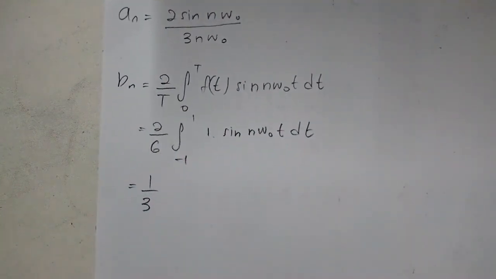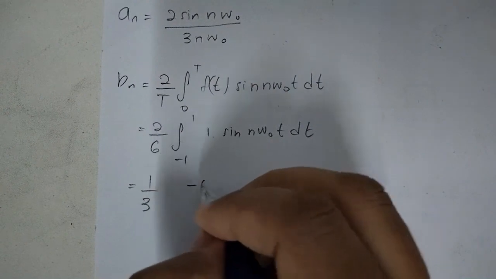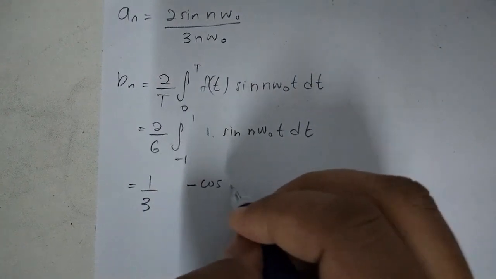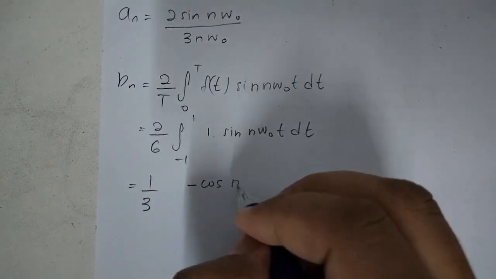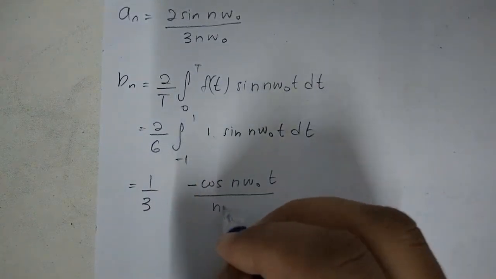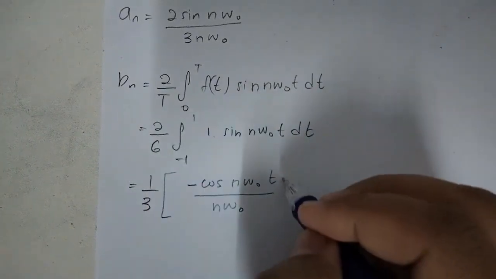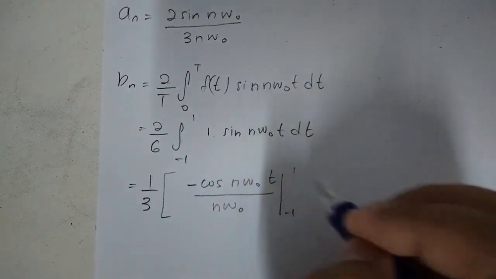Next we need to integrate sine. So we get negative cos(n omega naught t) over n omega naught, from negative 1 to 1.